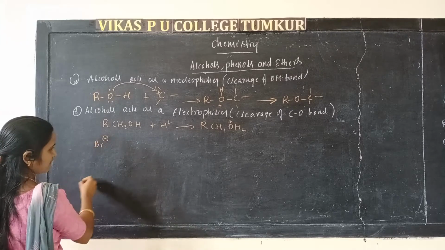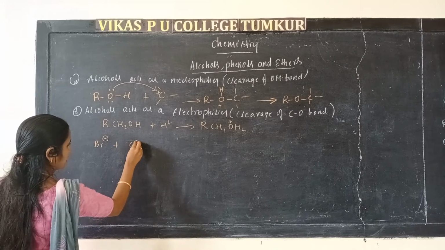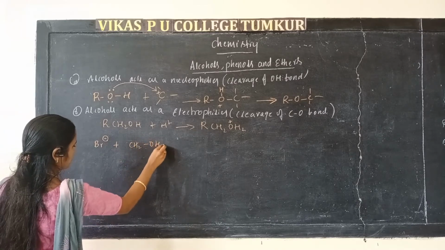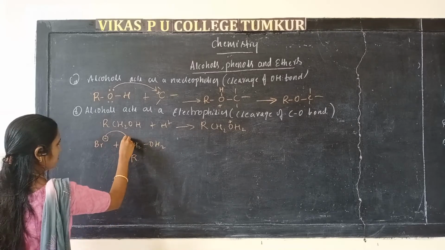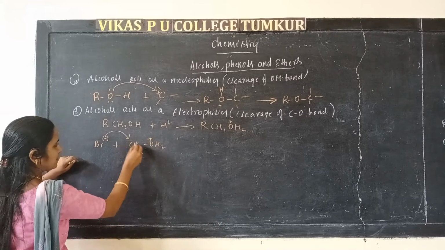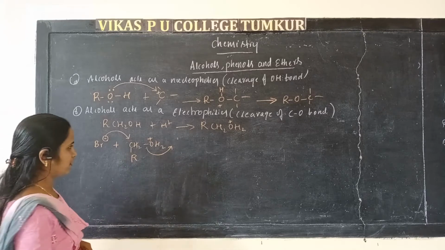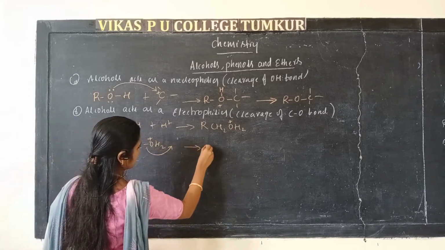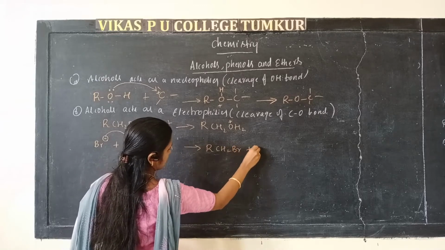One of the nucleophiles reacts with the electrophile, the positively charged species. Then it removes the H2O molecule, and we get RCH2Br plus H2O.